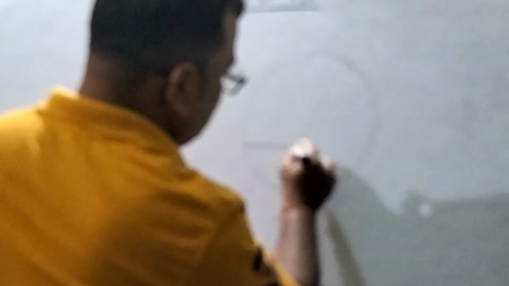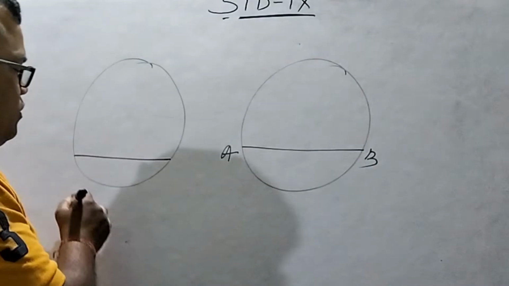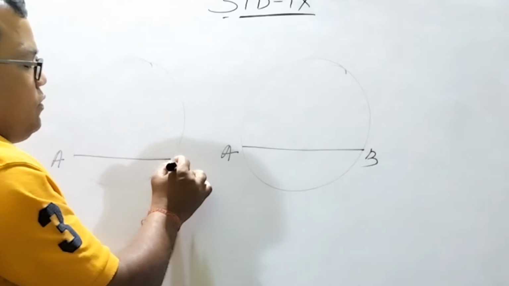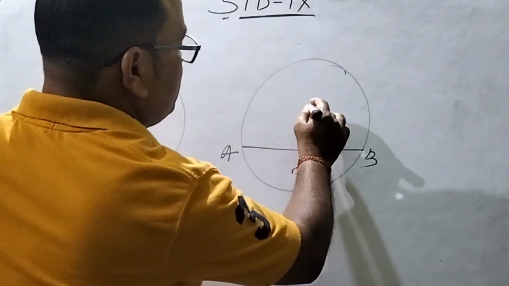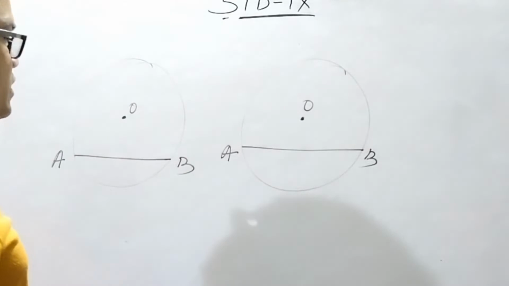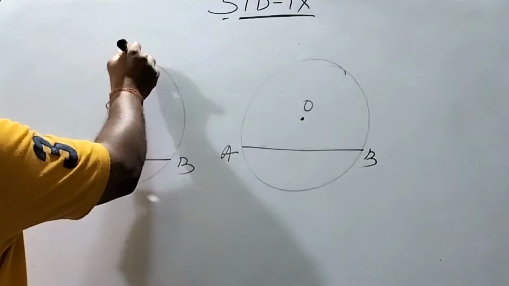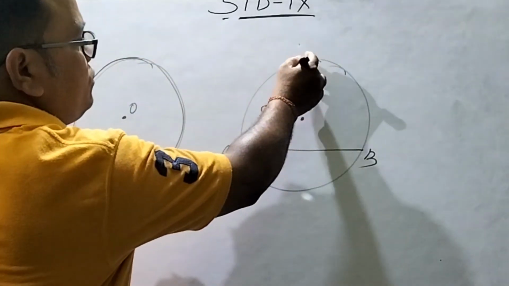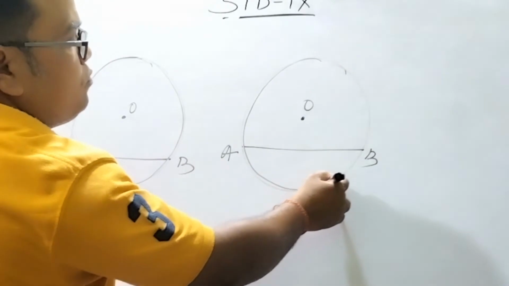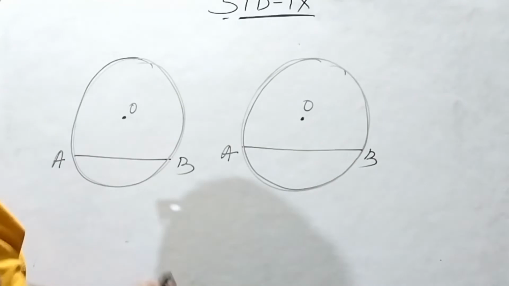This is the chord AB. This is also chord AB. Let O be the center. In solving problems related to circles, you should apply the basics of the theorem.